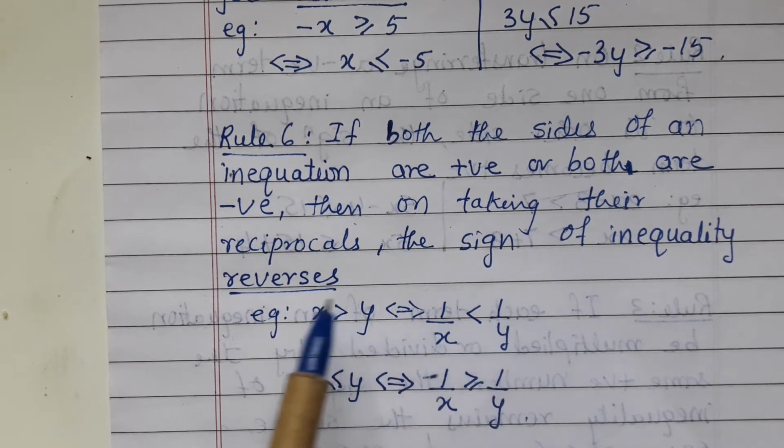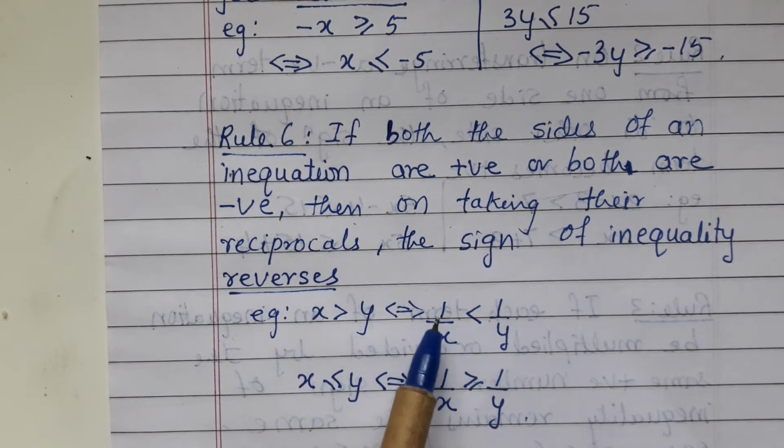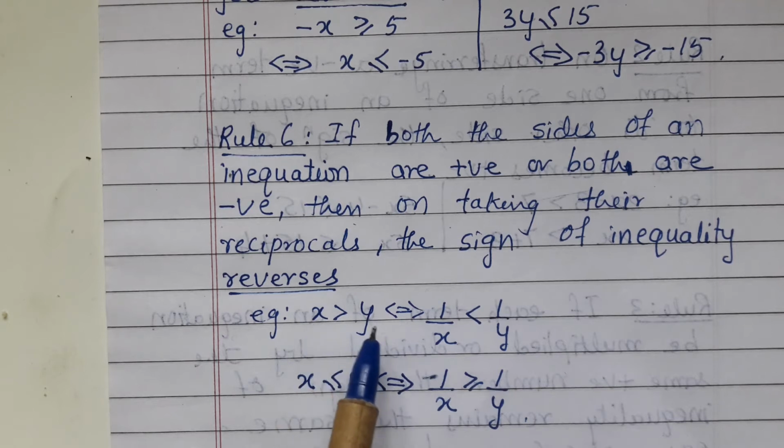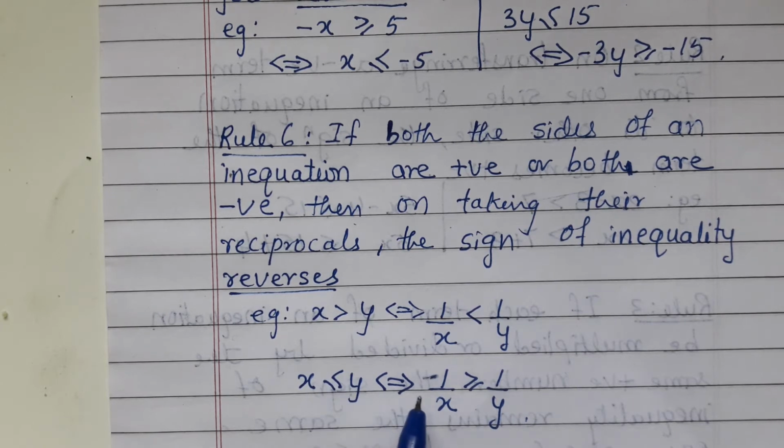Same way, the other way also. If 1/x < 1/y, when you take the reciprocal, x > y. Second example, x ≤ y. When you take the reciprocal, 1/x ≥ 1/y.